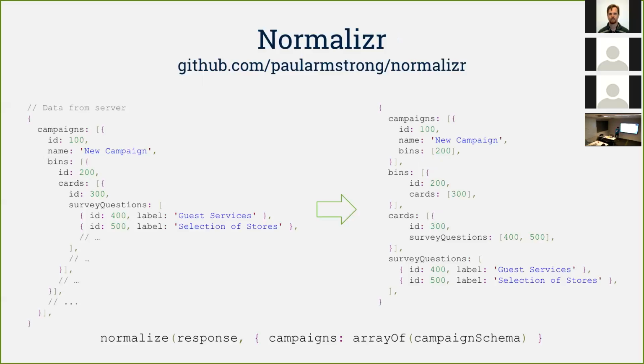So once you have normalized data, you may need to denormalize it. For example, in the component that shows the campaign, we need to show each bin. And so in order to do that, we need to have all the data for all the bins and all the data for the cards and all the data for the survey questions. So there's a library called Denormalizr, which just does the opposite.